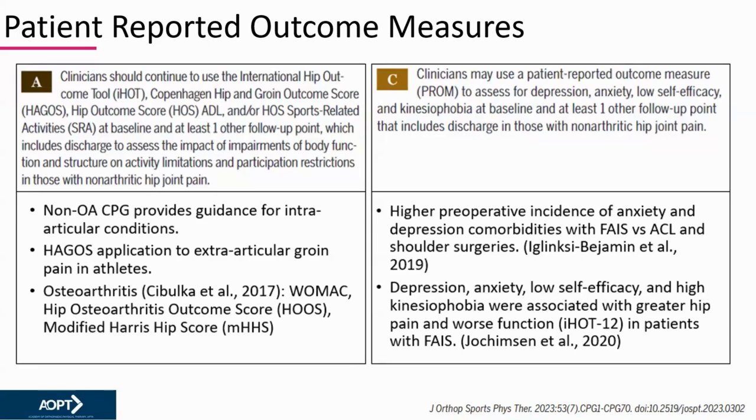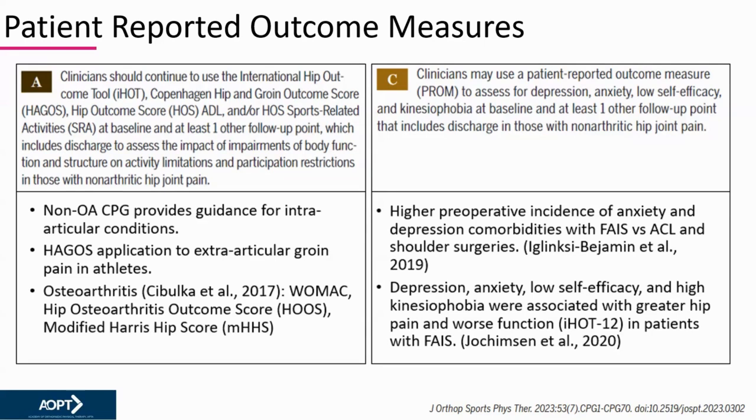So the numerous PROMs that are out there include the International Hip Outcome Tool, the iHOT, the Copenhagen Hip and Groin Outcome Score, the HAGOS, and the Hip Outcome Score, HOS, which has an ADL and sports-related subscale. Our recommendation is to use these to quantify or capture patients' functioning, including at a higher level or sports-related activity, at the initial visit, at least one other point, and at discharge for an episode of care.